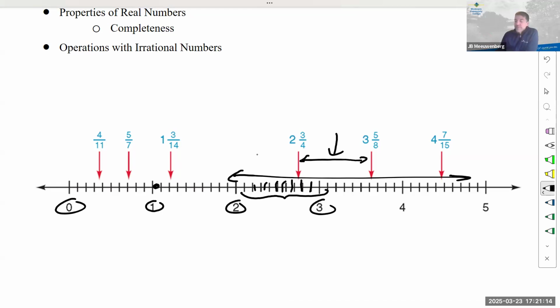And the discovery of this concept dates back, probably most scholars think, to the time of a Greek mathematician named Pythagoras, who you probably have heard of his theorem. And Pythagoras had a lot of followers, sort of like a cult following.